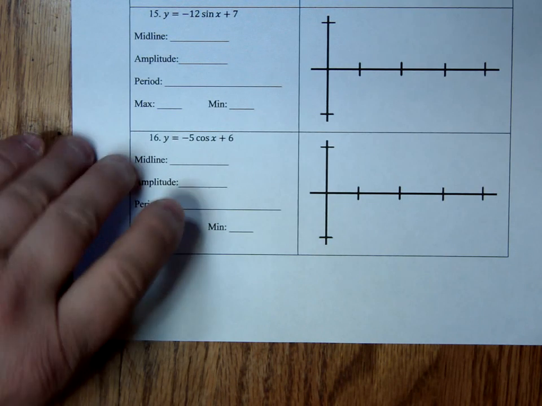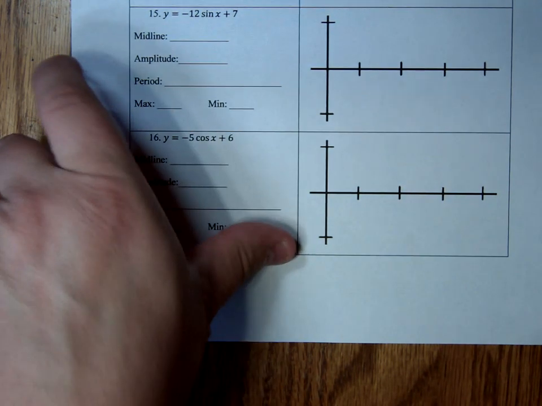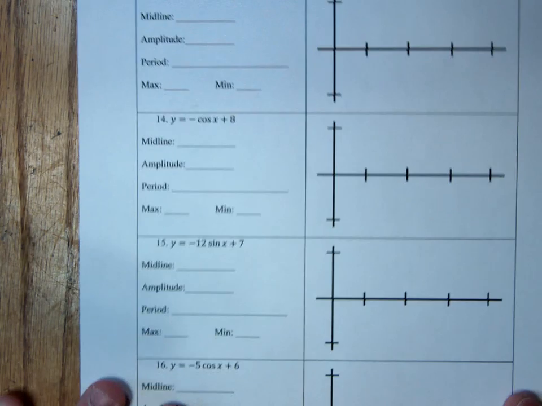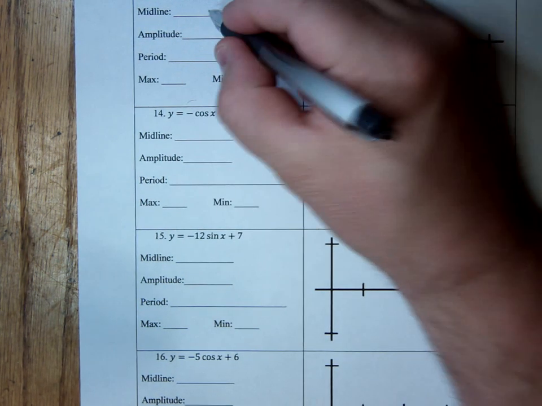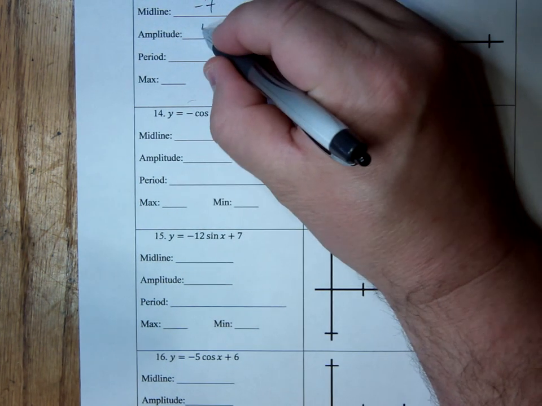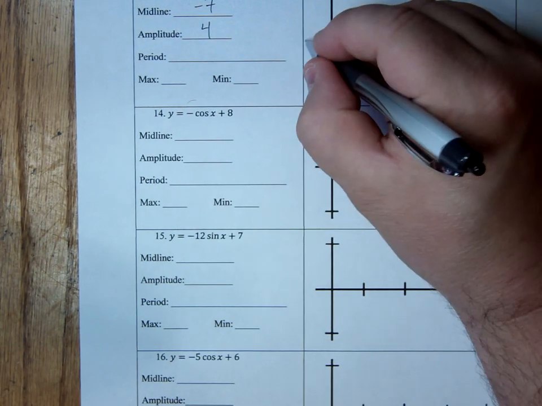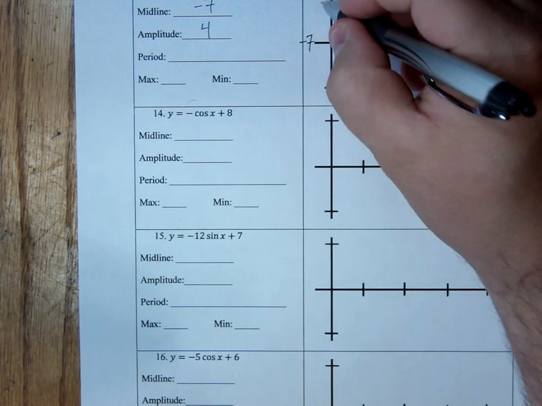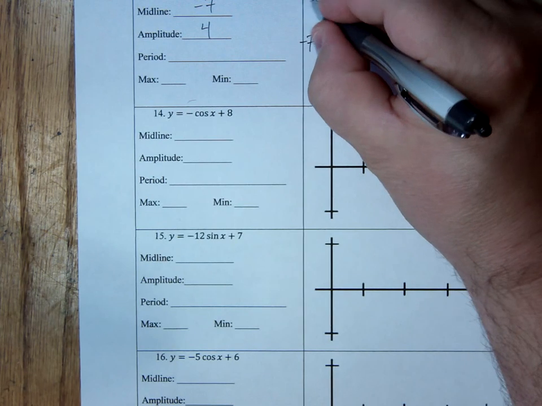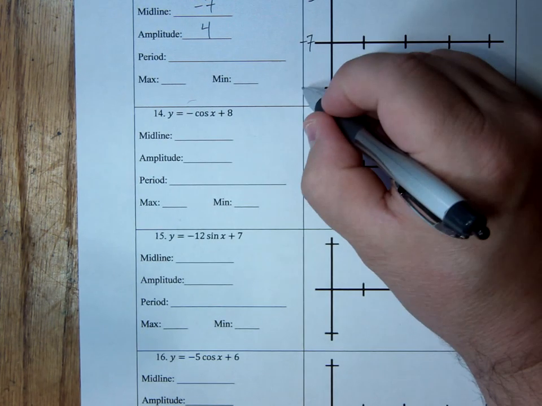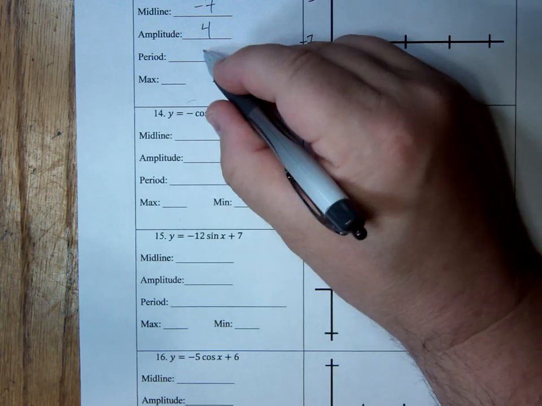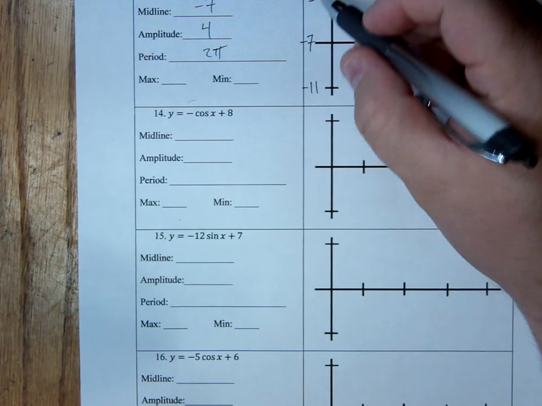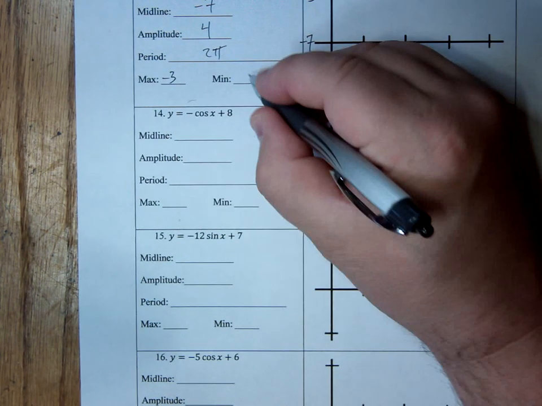And then the last page of these that you had, probably didn't take you too long to do this. You have midline at -7, amplitude is 4, positive 4. So -7, up 4 is -3, down 4 is -11. Period is 2 pi. Maximum is -3, -11.